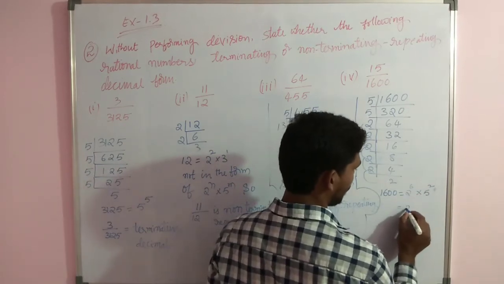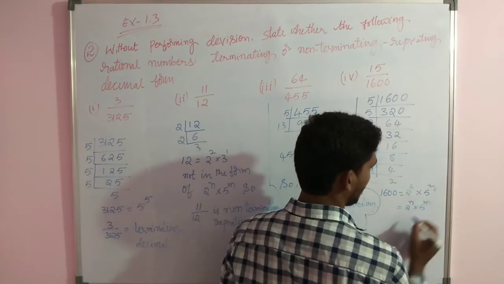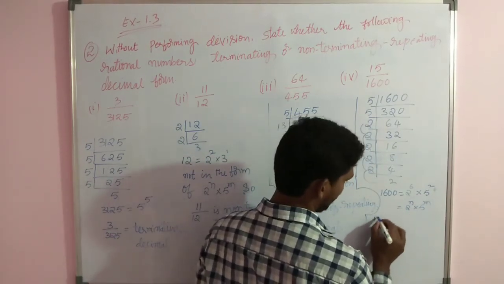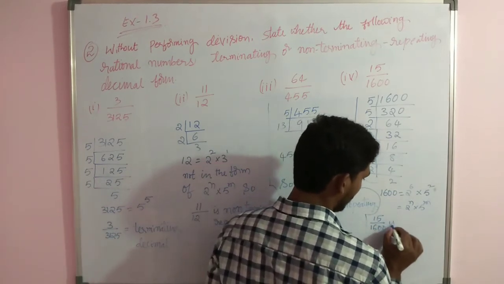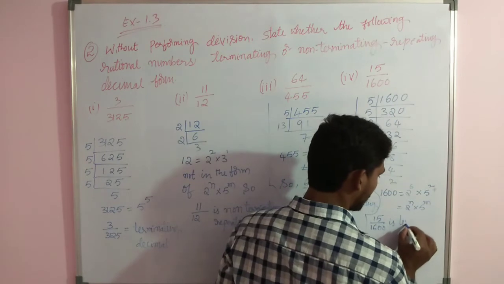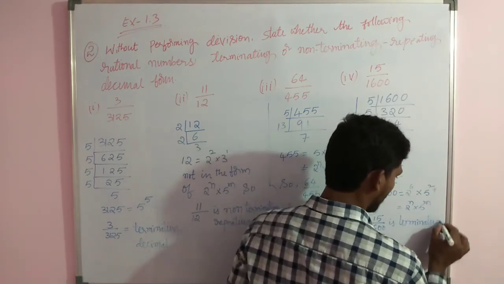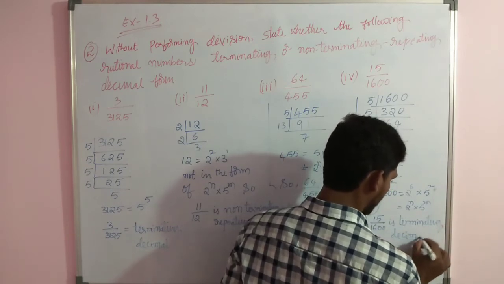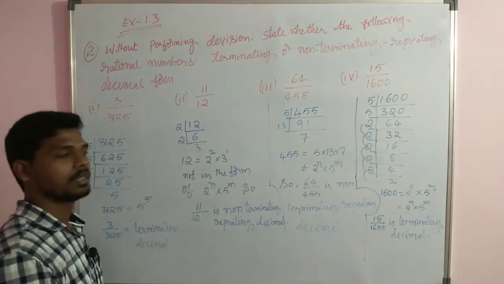So that is in the form of 2 power n and 5 to the power of m. So the given rational number 15 by 1600 is a terminating decimal. Very simple, no?